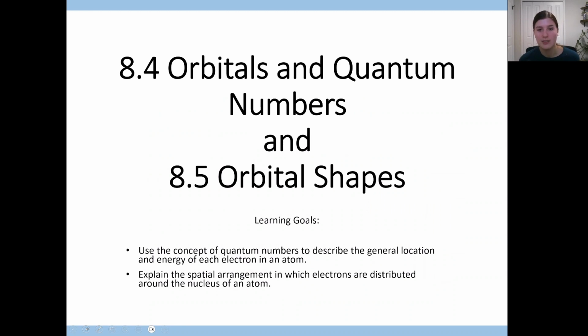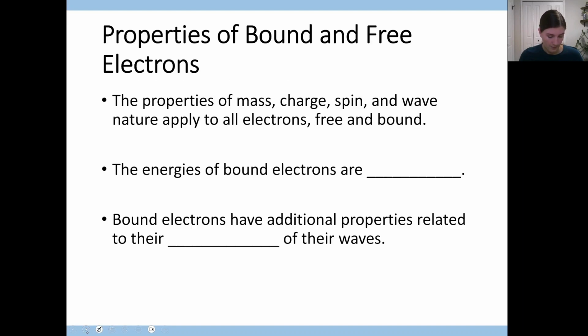So orbitals and quantum numbers is section 8.4, and then orbital shapes is section 8.5. These are really similar. They go hand in hand, so we're going to cover them together in this section. If we're thinking about a bound electron or a free electron, some properties are different.